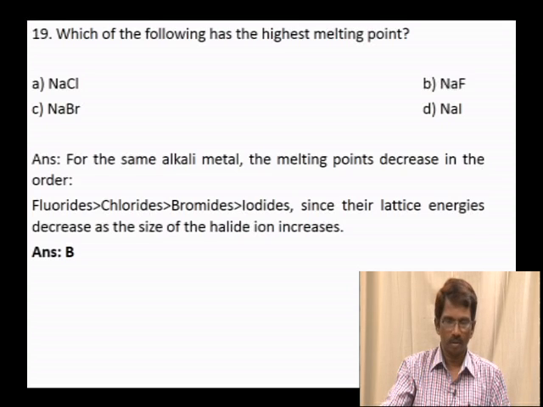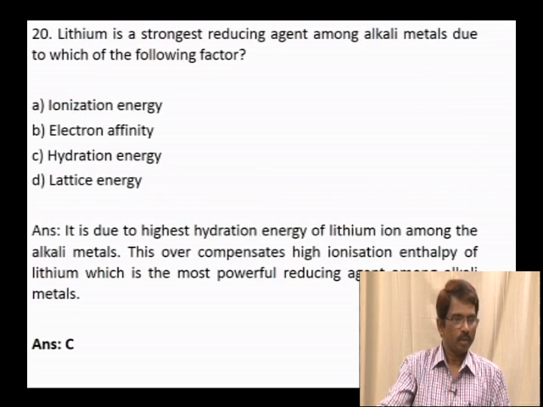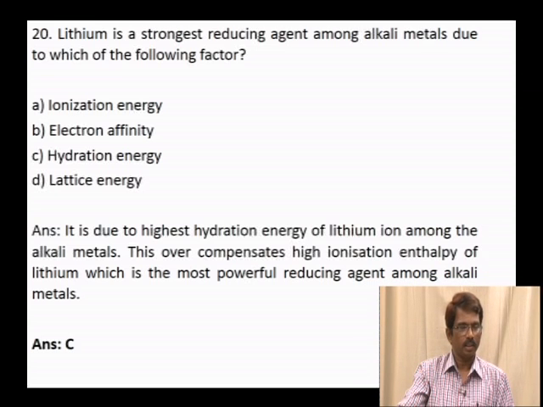In question number 20, lithium is the strongest reducing agent among alkali metals due to which of the following factors? In the first group, the ionization enthalpy decreases from lithium to cesium. Lithium, being the topmost element in the first group, will have the highest ionization enthalpy.